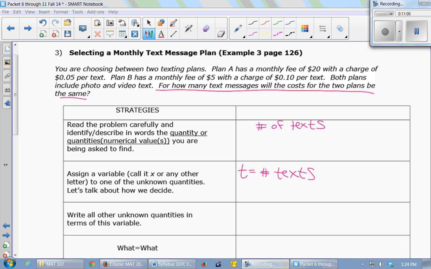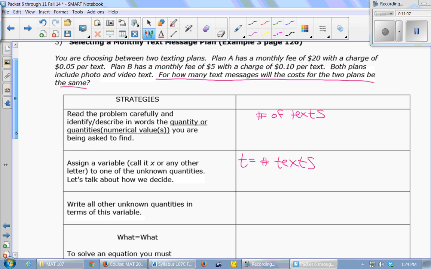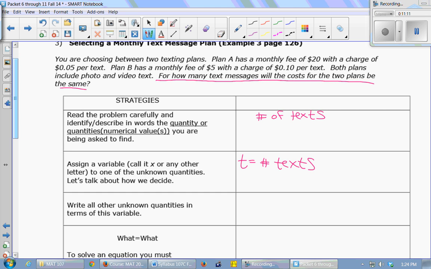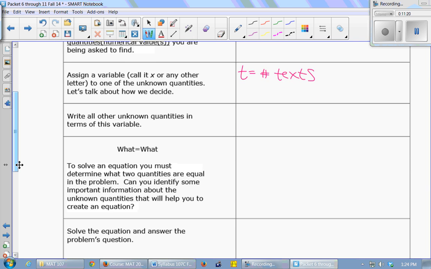Okay. Write all other unknown quantities in terms of this variable. So what are my other two unknown quantities here? The cost per month. Yeah, the cost of plan A and the cost of plan B. So the cost of plan A we'll call A, and B we'll call the cost of plan B. So what does A equal?